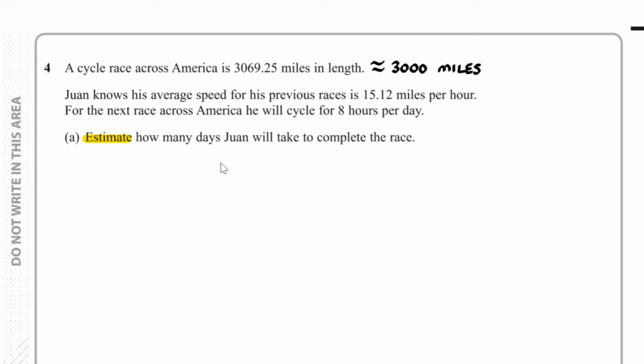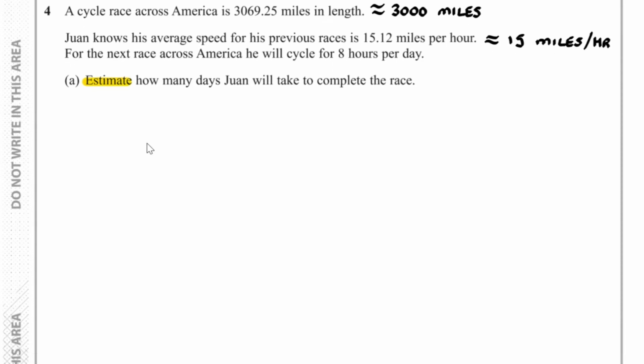A sensible value which we can round the 15.12 miles per hour to is 15 miles per hour. What we need to do is find out the number of days Juan will take to complete the race as an estimate.